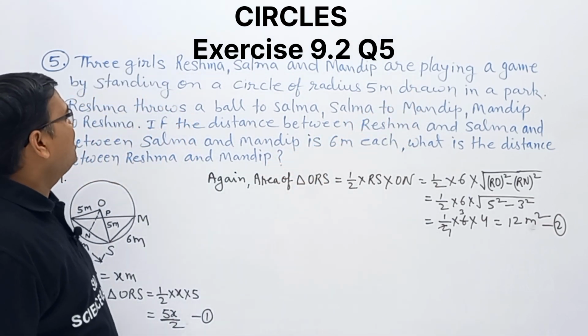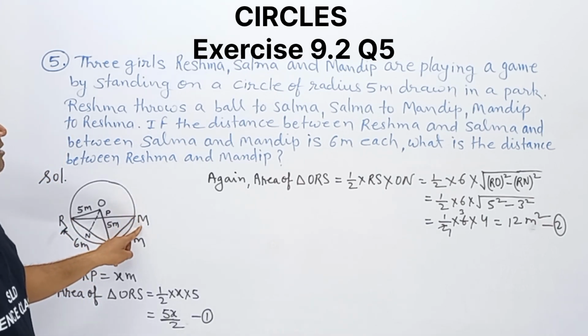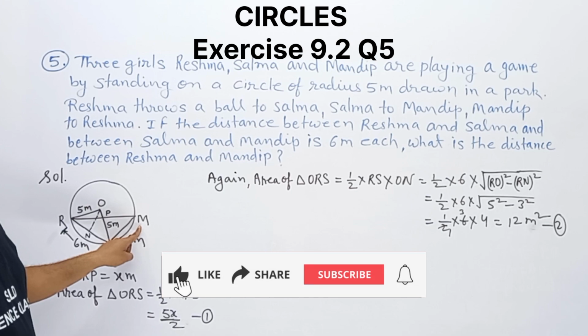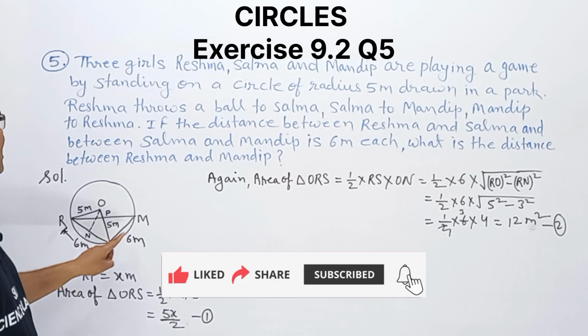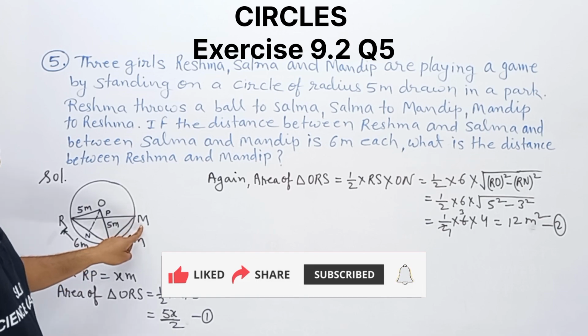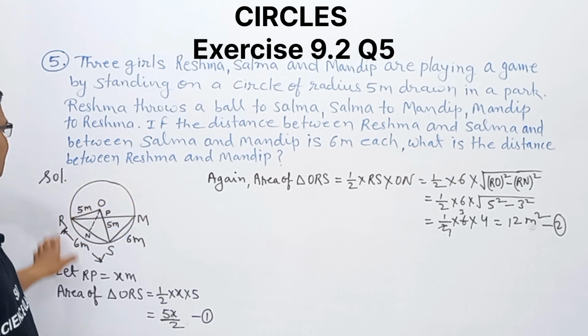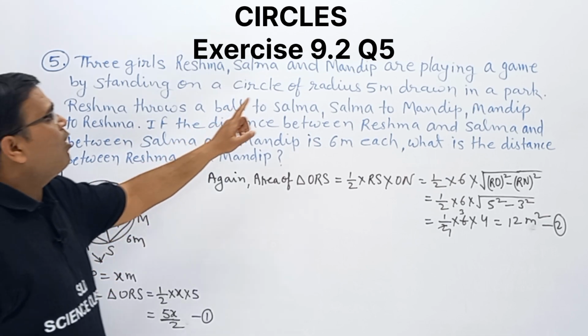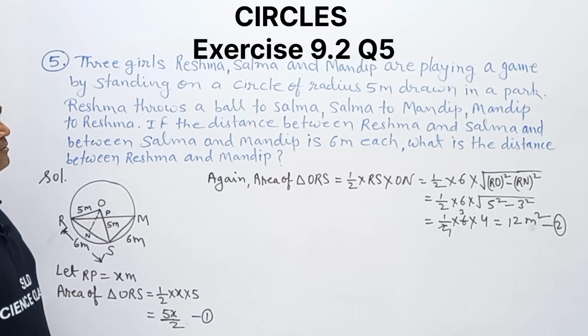Three girls, Reshma, Salma and Mandeep, are playing a game by standing on a circle. The radius of this circle is 5 meter.